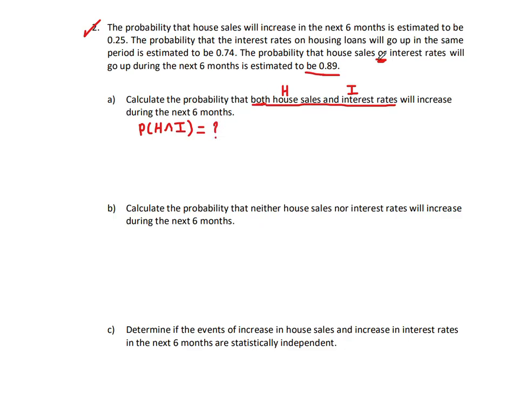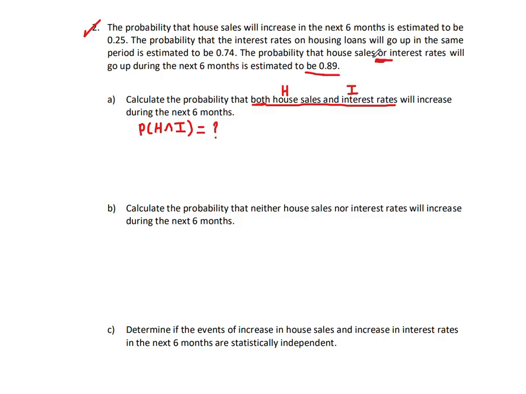Since we are told what the union is, which is 0.89, we're told what the probability of the union of the two events is. Remember that the probability of the union represents the probability of one event or another event.